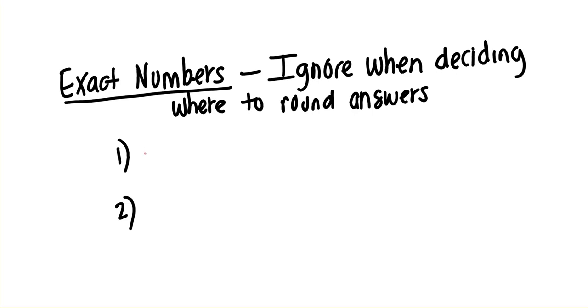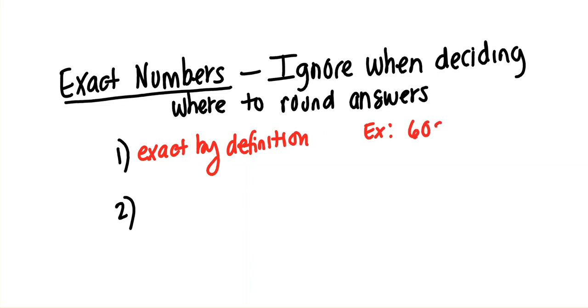Numbers that are exact by definition. An example of that is that there are 60 seconds in 1 minute. That is exact by definition because we defined it that way. It's exactly 60 seconds in 1 minute.